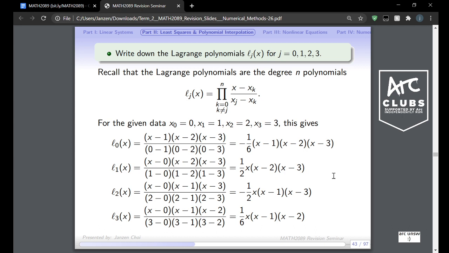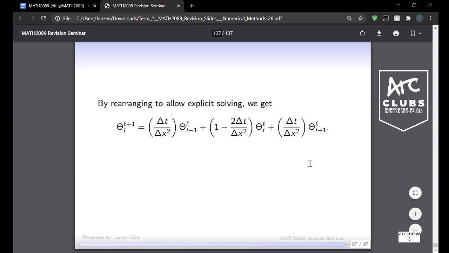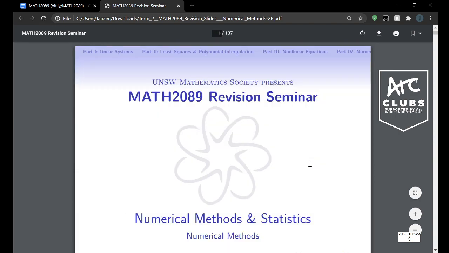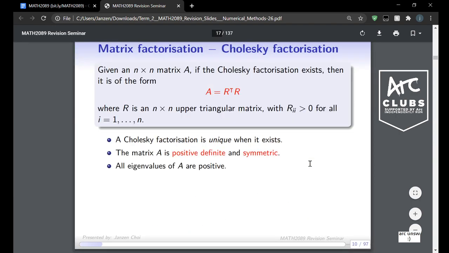So in using the Lagrange form, we just substitute the values in to get the L expressions, the 4 L expressions, and once we do so, oh no, give me a second.